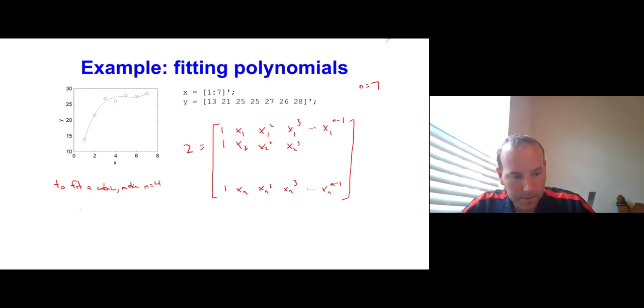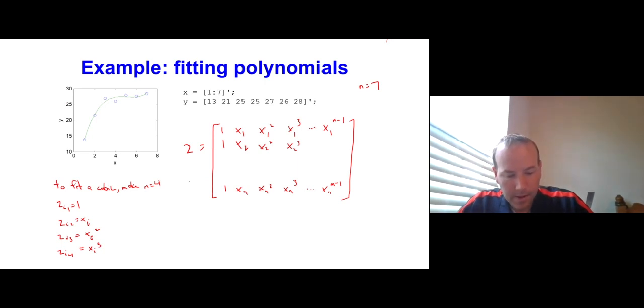let me just write a little bit more notation down here. So zi1 was 1, zi2 was xi, zi3 was xi squared, zi4 is xi cubed.